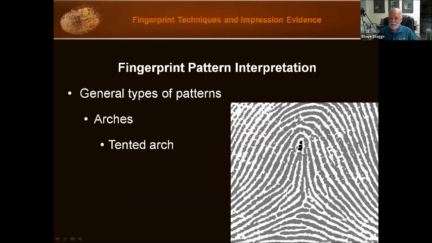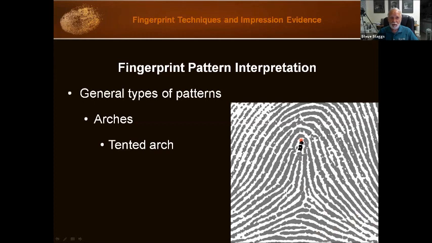Going back to the tinted arch, we see that most of the ridges enter on one side of the impression, and they flow or tend to flow out the other side. Most of them. But we have a ridge or some ridges at the center that do not.